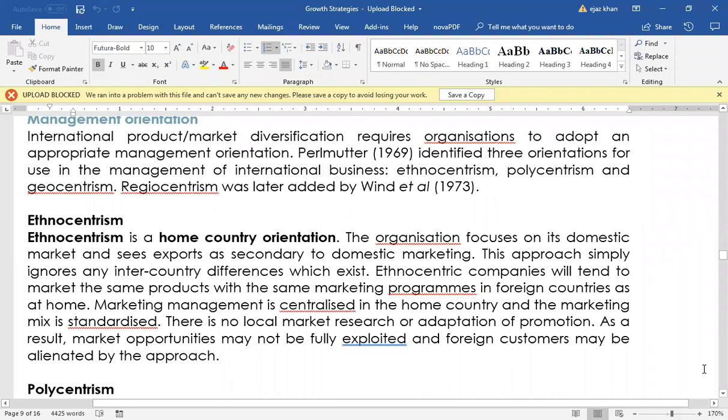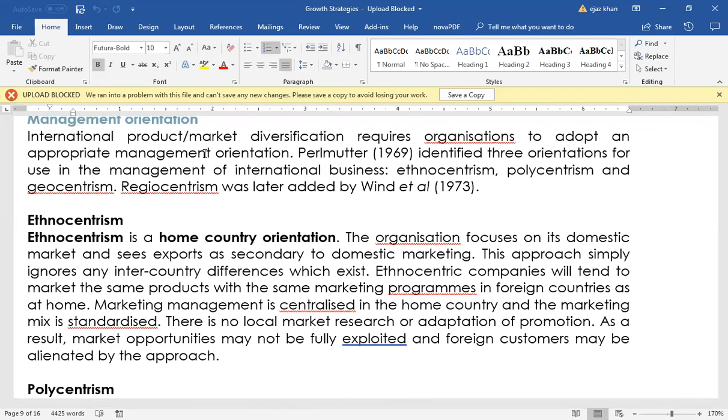And let's now discuss management orientations. How a company goes for diversification will depend on management's orientation. According to Perlmutter, there are three types of orientations that can be shown by the management towards diversification.